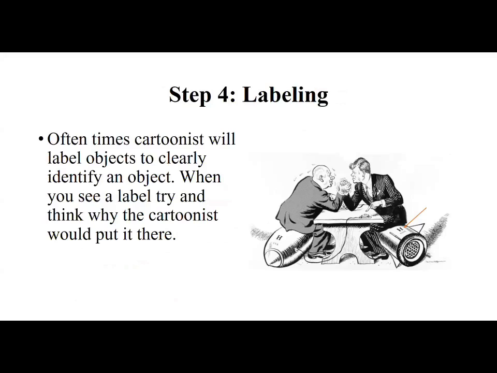So step four, labeling. Oftentimes cartoonists will label objects to clearly identify an object. So when you're looking at a political cartoon, make sure you look at the whole thing and you look for signs and little messages that might not stand out at the beginning when you first see them. So here we see the little H on the bombs for the benches that both men are sitting on.